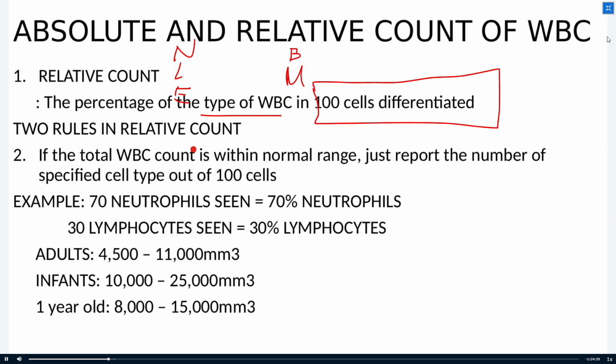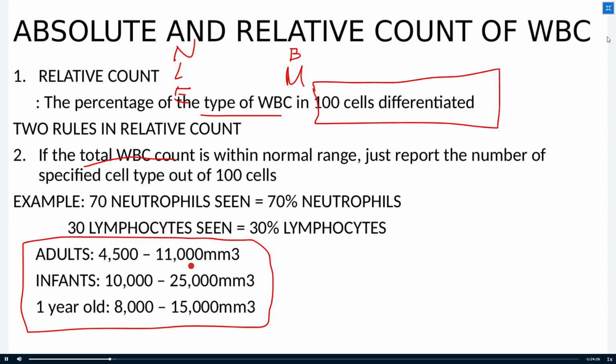So there are two rules class in relative counting. The first rule class, if the total WBC, when I say total WBC class, this would refer to the WBC count of the patient. So remember, in adults, ang normal niya is 4.5 to 11,000. If you convert that to SI, that is 4.5 times 10 raised to the 9 per liter, or 11 times 10 raised to the 9 per liter.